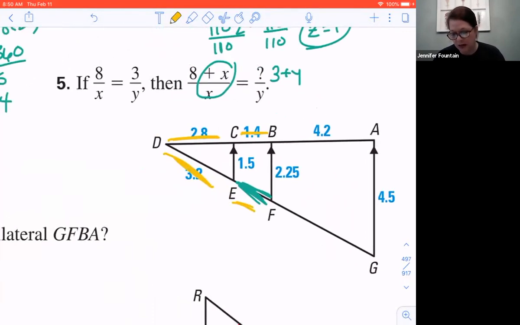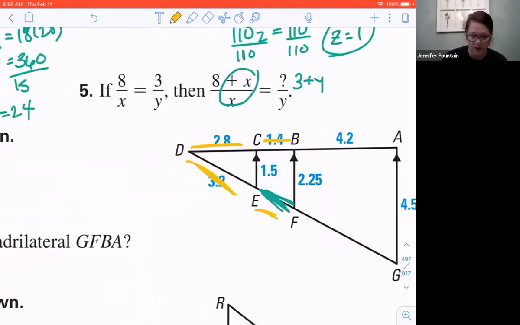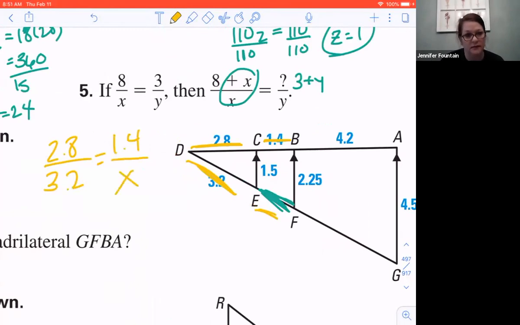I could have also done it where I have 2.8 over 1.4, 3.2 over 1.5, and over X. It doesn't really matter. So I'm just going to go ahead and say 2.8 corresponds to 3.2. So 1.4 corresponds to X.